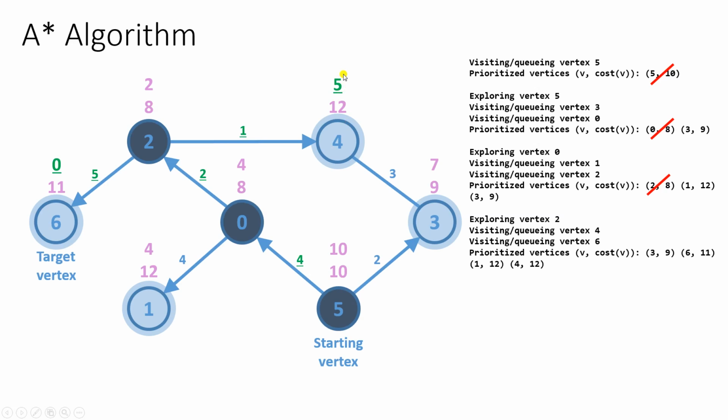We start with its heuristic function 5, plus 1, we are following the arrows in the opposite direction. 5 plus 1 is 6, plus 2 is 8, plus 4 is 12. And that's our total cost for vertex 4. The next one to be explored is vertex 3.